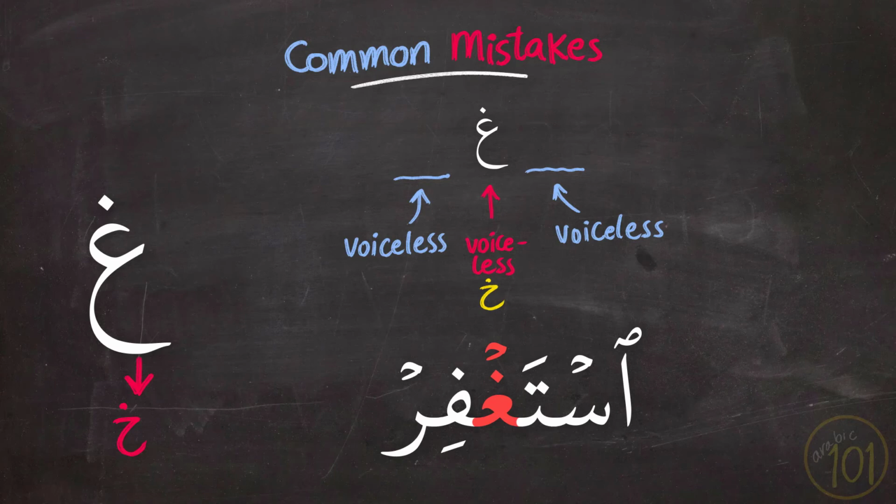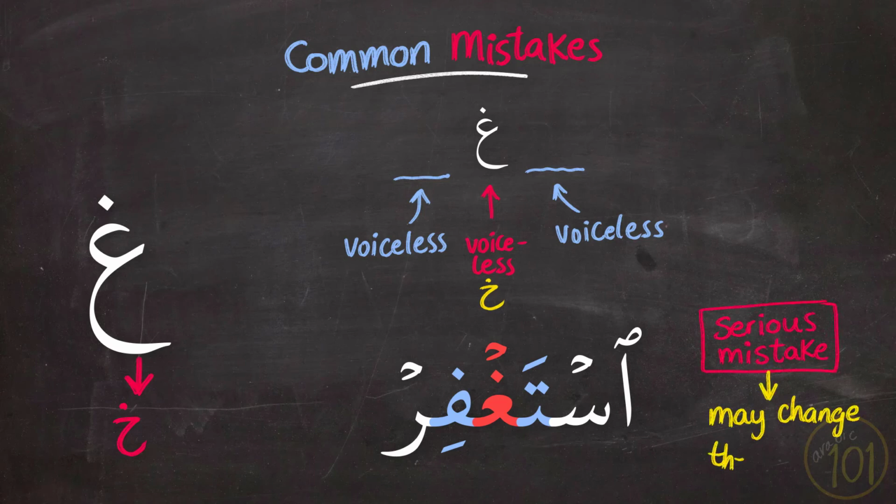Now the ta and the fa are both voiceless. So for some people it might be difficult to switch from voiceless, voiced, and then voiceless again. But this is of course a serious mistake that should not be made when reciting the Quran, because it can potentially change the meaning of the word. So we should say istaghfir.